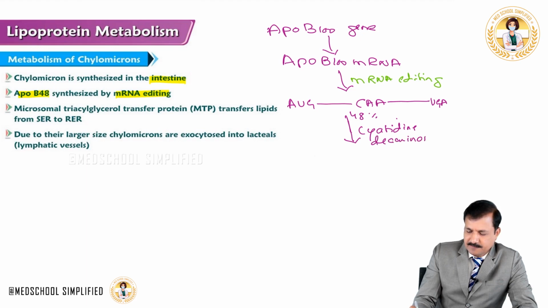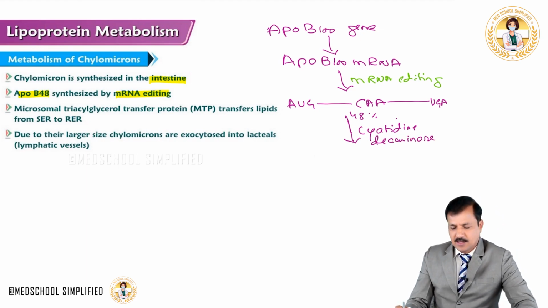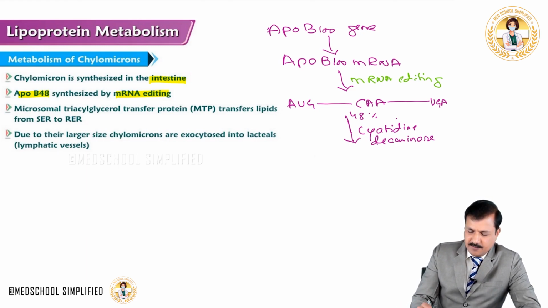Cytidine deaminase is expressed only in the intestine, and this enzyme converts the cytidine at 48% of the Apo B-100 mRNA. CAA has cytidine, which I told you codes for glutamine.